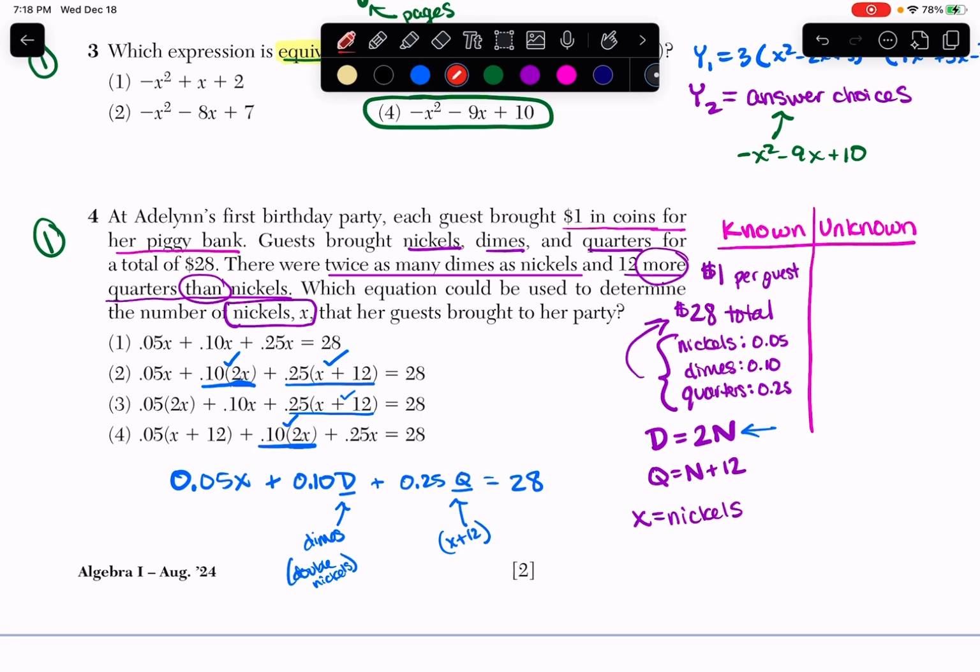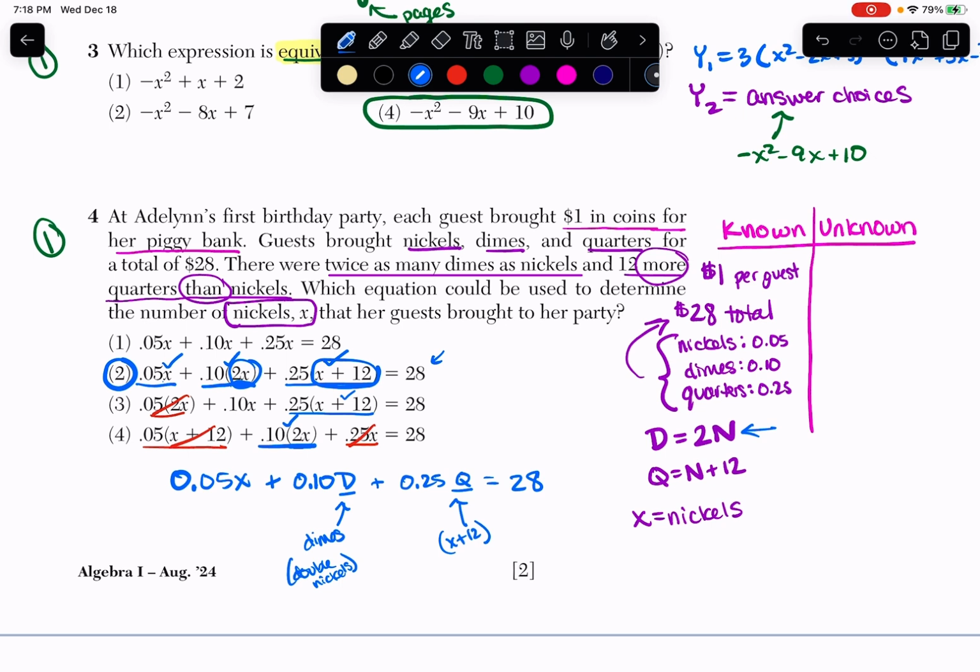So now looking through places where I have stuff that's wrong, this seems wrong, this seems wrong, this seems wrong. It seems like the answer that has everything right is answer choice 2. I have 5 cents for every nickel, plus 10 cents for every dime, and I know dimes are double nickels, plus 25 cents for every quarter, and I know I have 12 more quarters than nickels, and I have a total of $28.